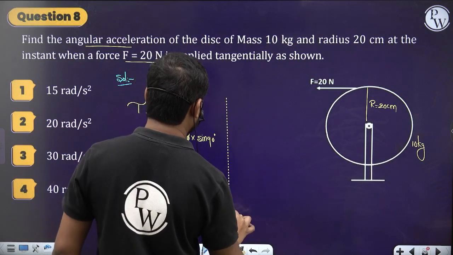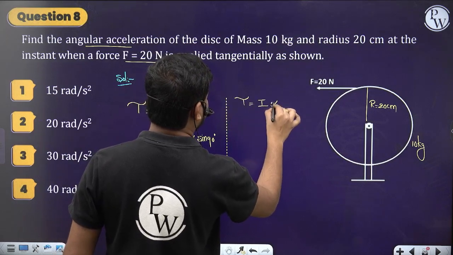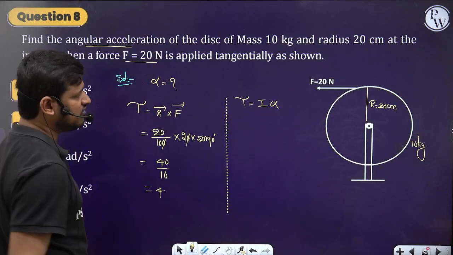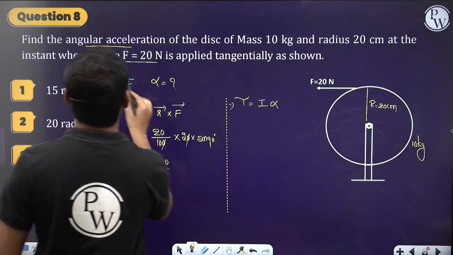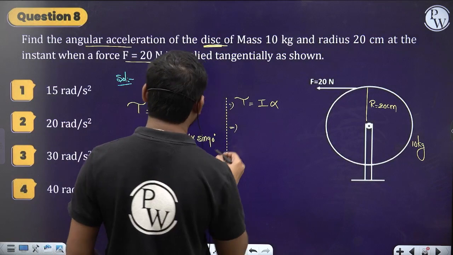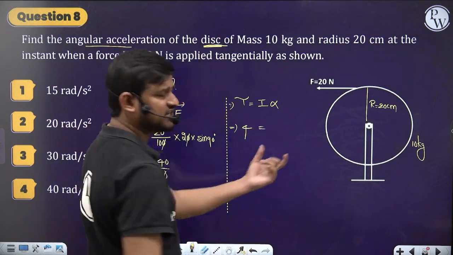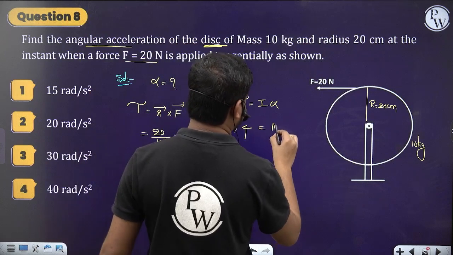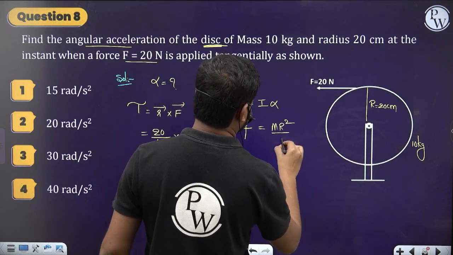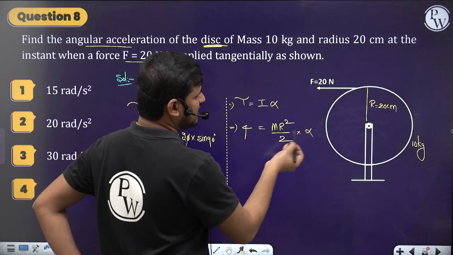Similarly, shall I find the torque using the formula I alpha? They said it is a disk. So the torque we already got, which is 4, is equal to the moment of inertia of the disk, m r square by 2, times alpha. The only unknown is alpha.